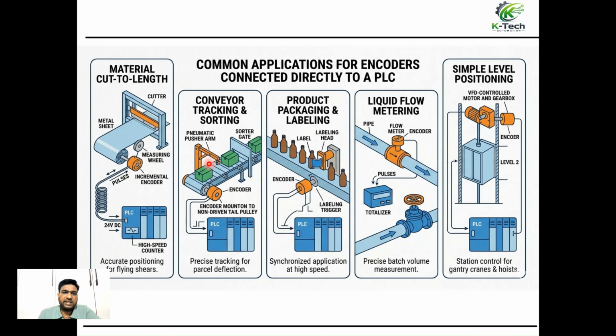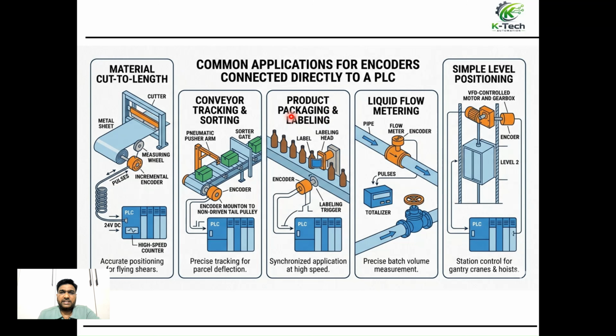What will happen in this case is, whenever an object is detected, the encoder will set the number of pulses for the particular distance. That data will be stored in the program. The remaining pulses will be calculated, and whenever a pneumatic cylinder comes in between, it is measured by the encoder.